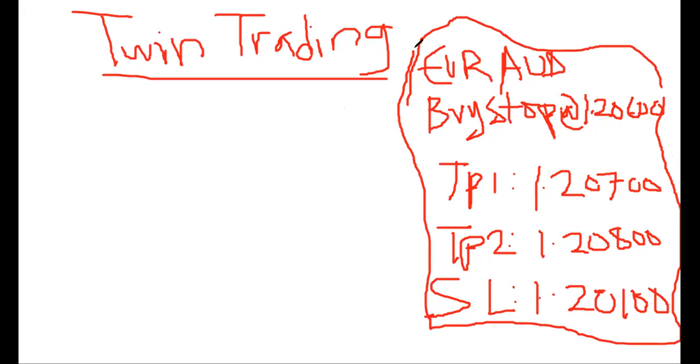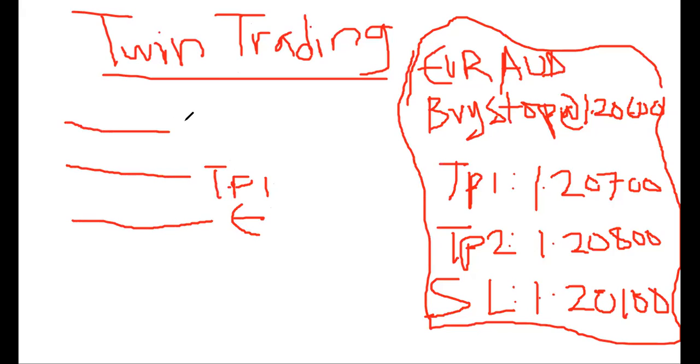So probably what you do is, if you look at the chart for this particular explanation, I can see that I can make this entry point. I can make this TP1. I can make this TP2.